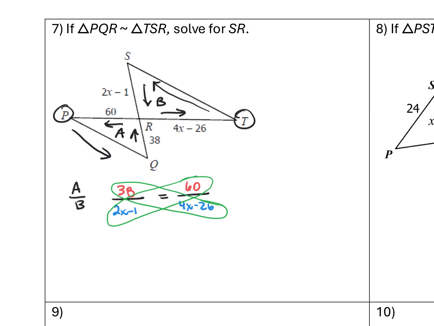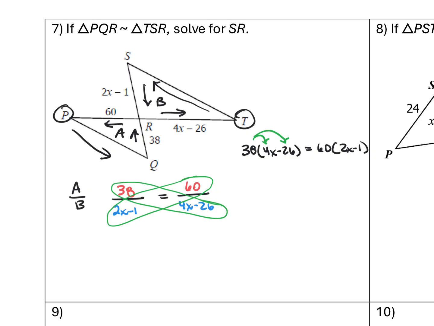All right, so we've got 38 times 4x minus 26 is equal to 60 times 2x minus 1. All right, from here, we got to distribute.